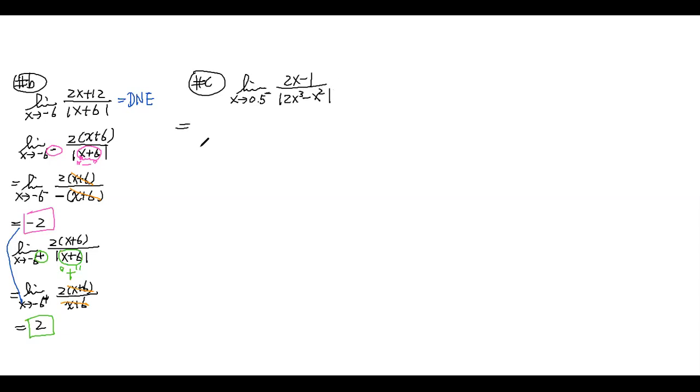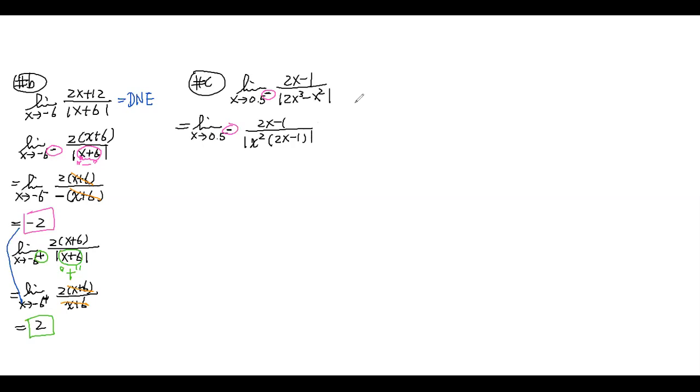Okay, before I even do anything, let me simplify it a little bit. This is 0.5 from the left-hand side, right? So we try to approach from the left-hand side. Okay, so this is 2x minus 1. Inside here, I can factor the x squared out, right? So this is 2x minus 1.